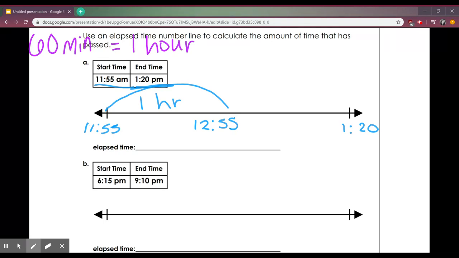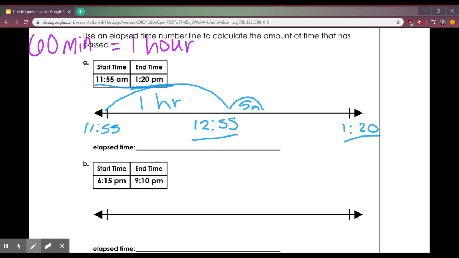And now I want to make another jump. And I can't jump another hour because then that'll put me at 1:55, which would be past the end time. So something I can do is try to get my time at an even number then, and that might make it a little easier. So to do that, I'm going to just jump 5 minutes.